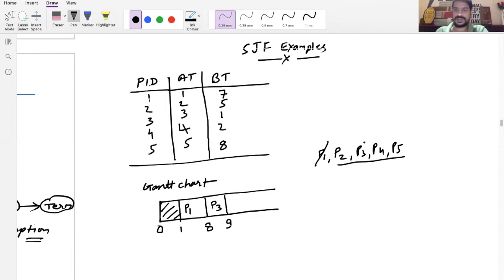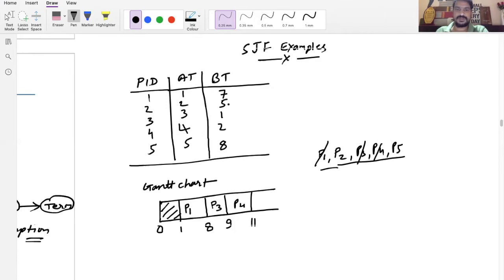So P3 is finished. Which are left? P2, P4, and P5. The least one is P4, so P4 will get the chance to execute, and it will finish at 11. Now we have P2 and P5.